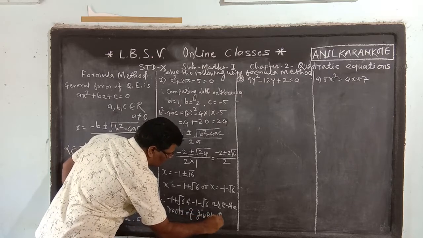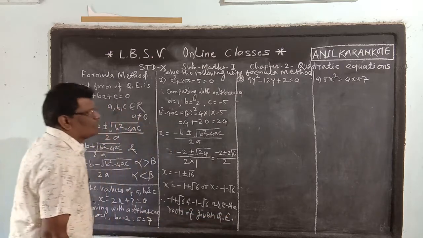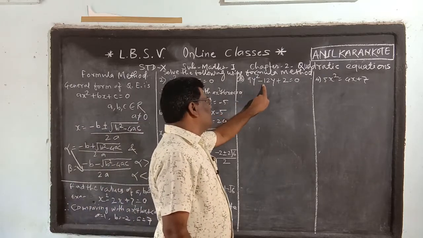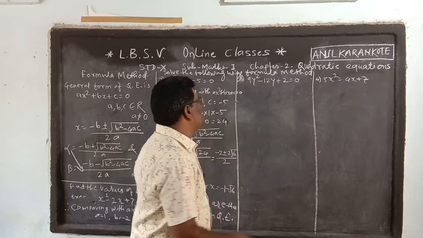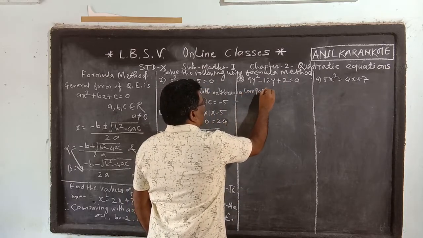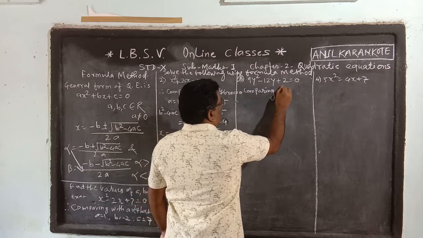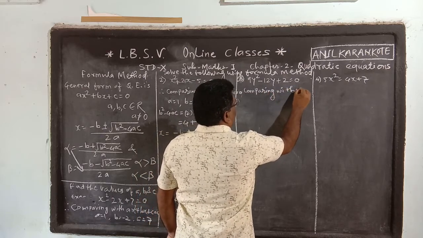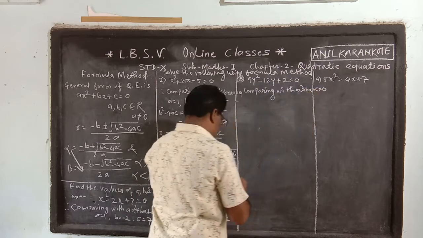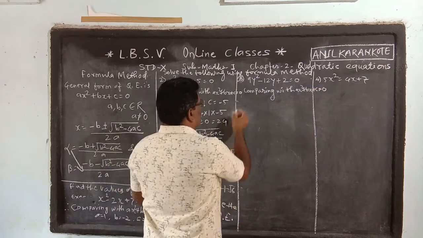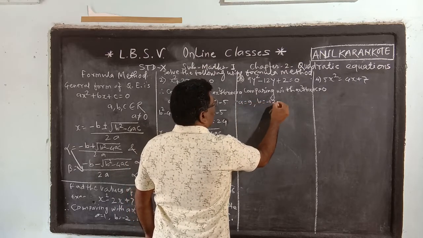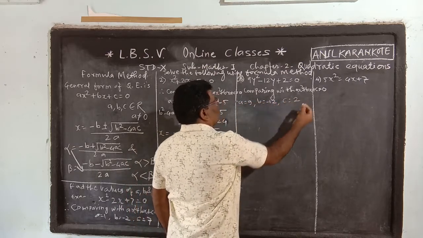Therefore minus 1 plus under root 6 and minus 1 minus under root 6 are the roots of the given quadratic equation. Now look at the second example. Second example is 9y square minus 12y plus 2 is equal to 0. Again comparing with ax square plus bx plus c is equal to 0, we get a is equal to 9, b is equal to minus 12 and c is equal to 2.